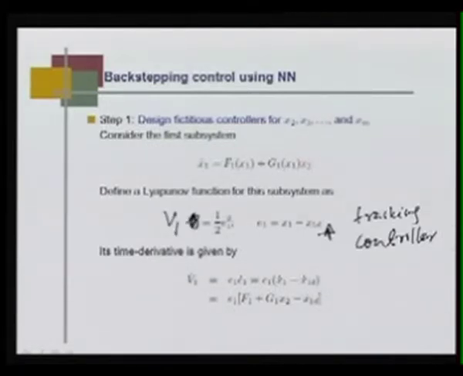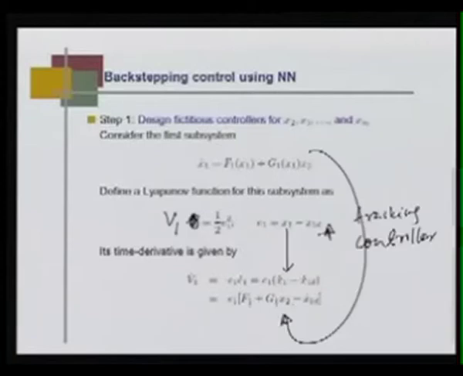So, V1 is half e1 square and V1 dot is e1 into e1 dot, and e1 dot you can easily see is x1 dot minus x1d dot. And this x1 dot I can bring from here, which is f1 plus g1 into x2, minus this quantity which is x1d dot, right.